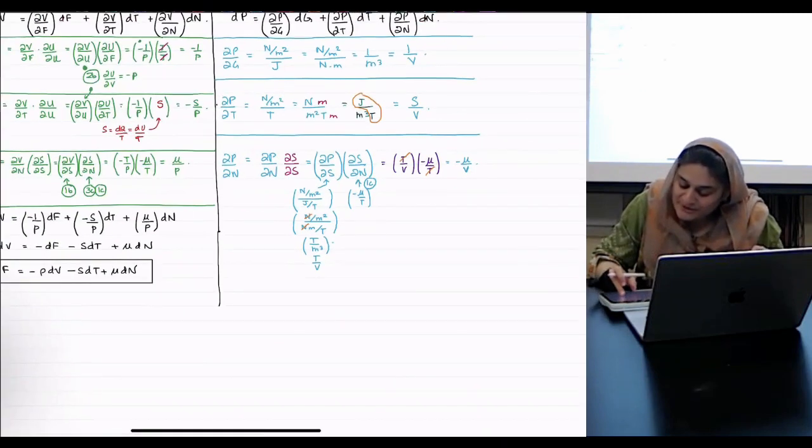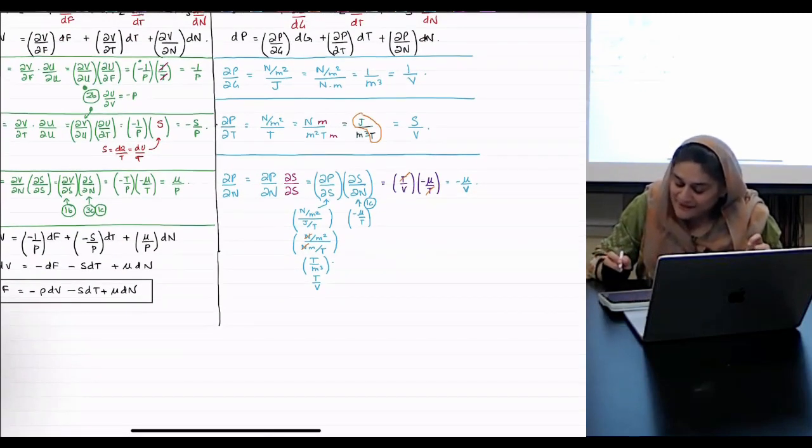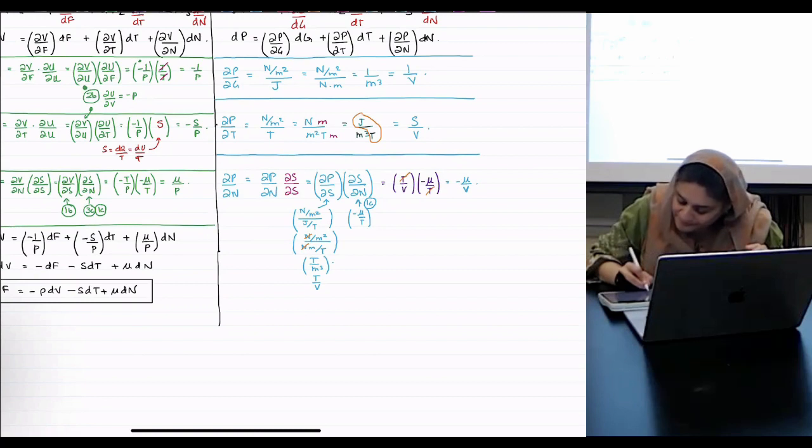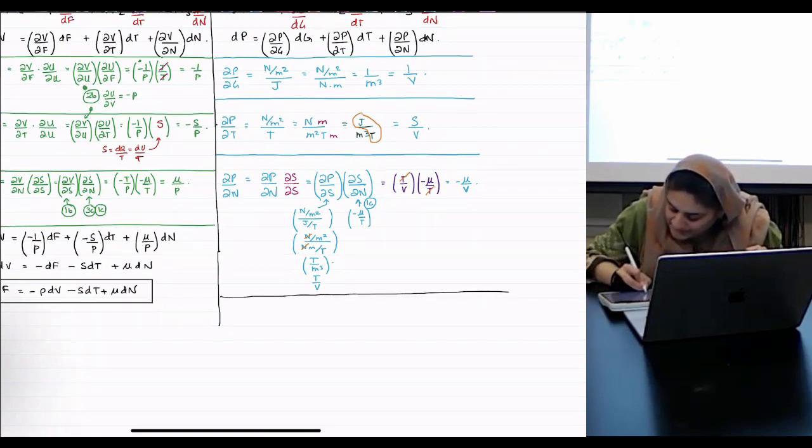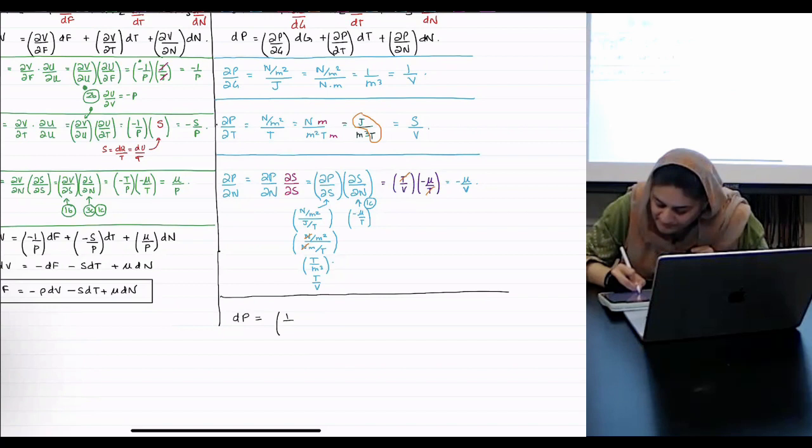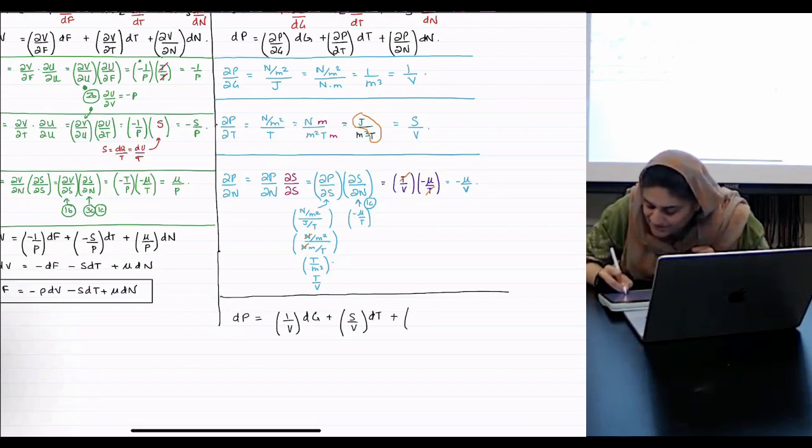So then what do we do next? We have all of these values. What are we going to do with them? Put them back in. And what do we get? dP equals 1 over V dG plus S over V dt, minus U over V dN.